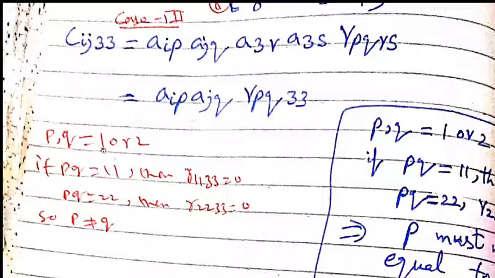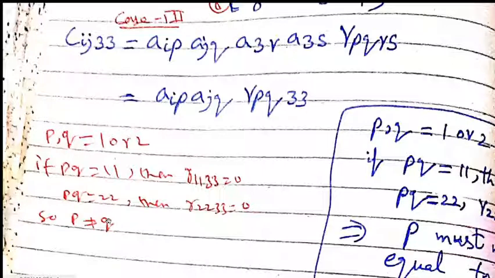So PQ could be 1 or 2. Now, if PQ is 1 1, and we know that gamma 1 1 3 3 is 0, so this term will also be equal to 0. Now, if PQ is 2 2, then again gamma 2 2 3 3 is 0, so that term will also be equal to 0.